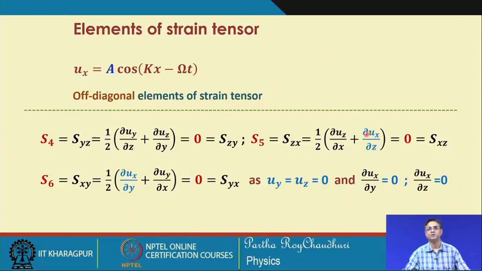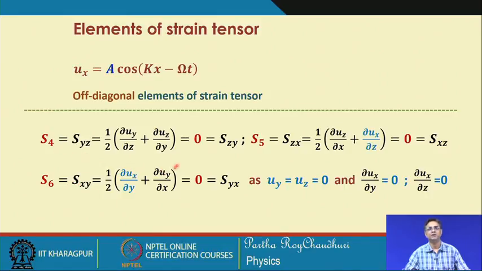So, this quantity is also 0. Therefore, this is also equal to 0, and for this ux, again along y there is no change, because any change in ux is along the x axis. So, this quantity is 0, but uy itself is 0. Therefore, put together this quantity is also equal to 0. Therefore, Syx or Sxy are also 0.